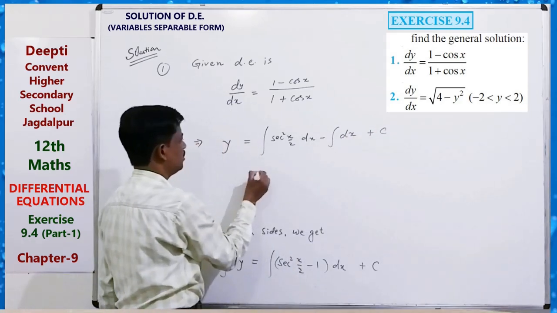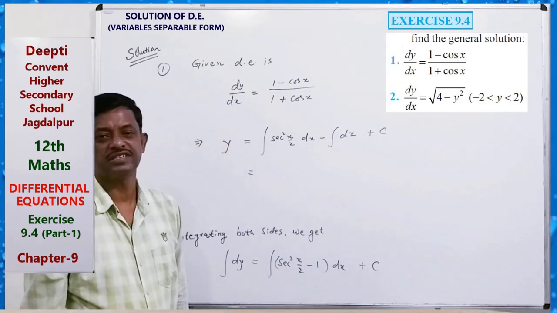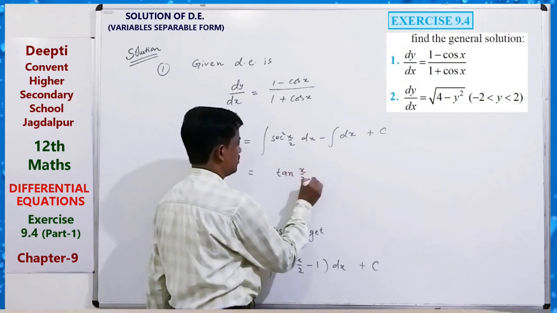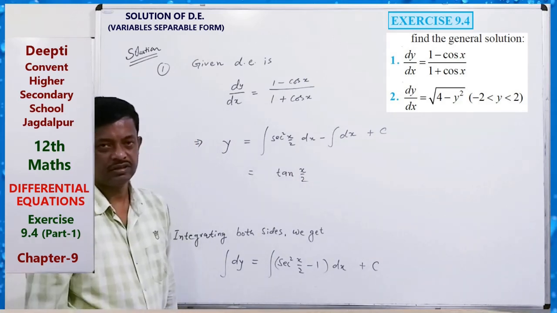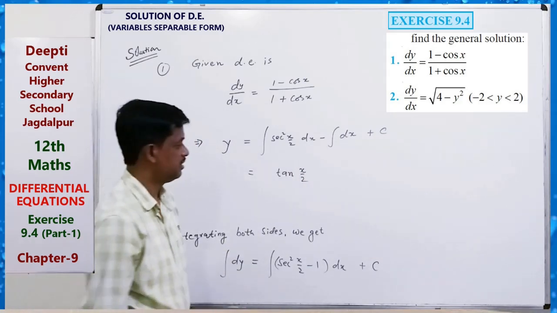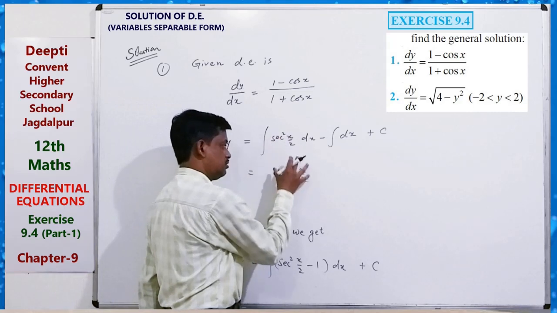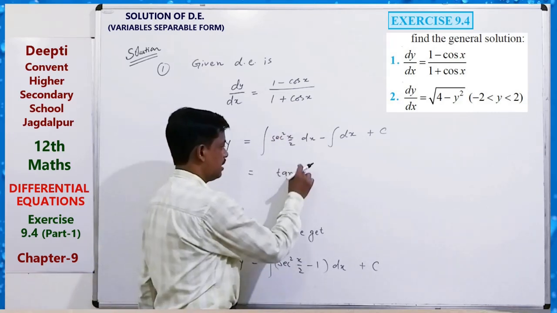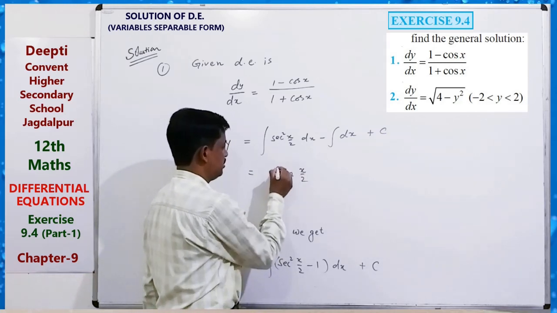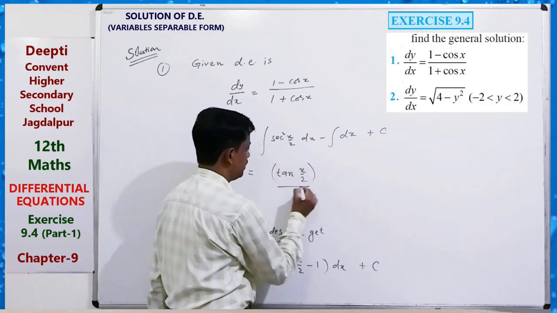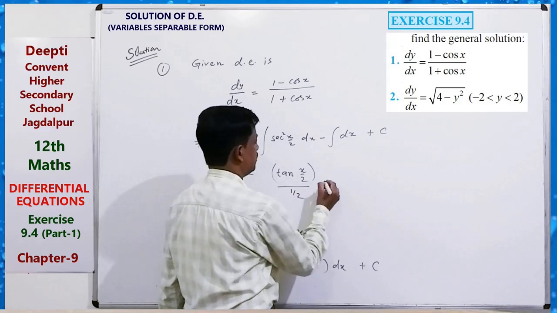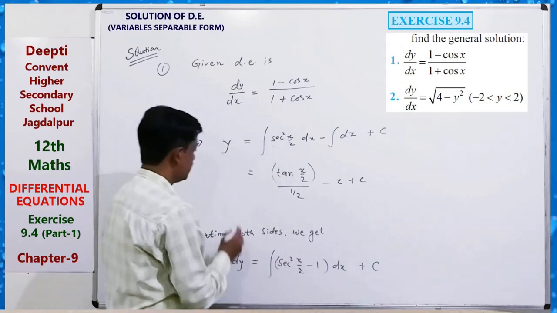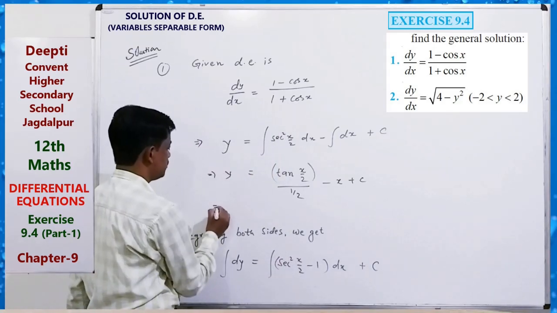The integration of sec square x means tan x. So tan x by 2, divided by the coefficient of x, so 1 by 2, minus x plus c. Okay, so the final solution is what?